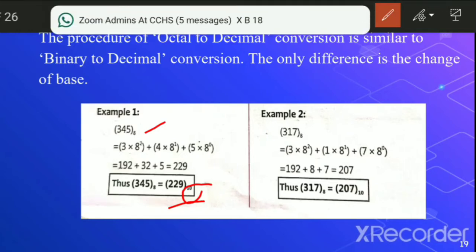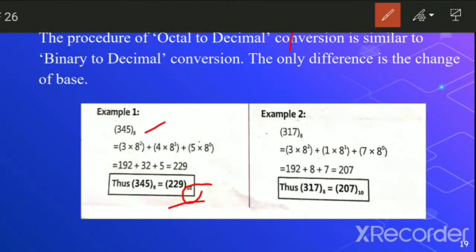So how do we convert it? First of all, we have to start multiplying from right side to the left side, and when we start multiplying from the right side we have to multiply with increasing power of 8. So we are multiplying this 5 by 8 raised to power 0.